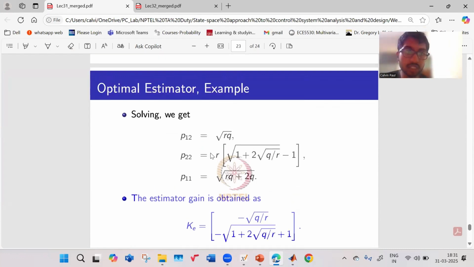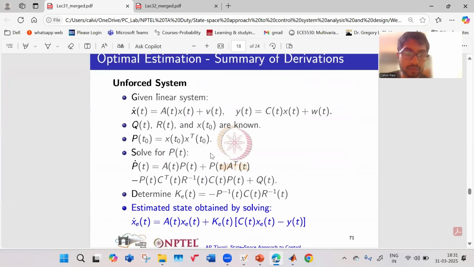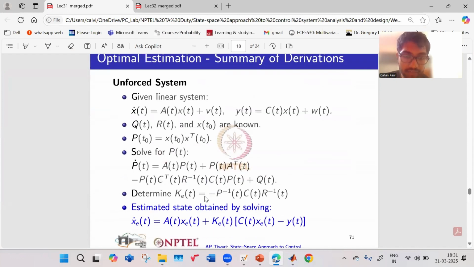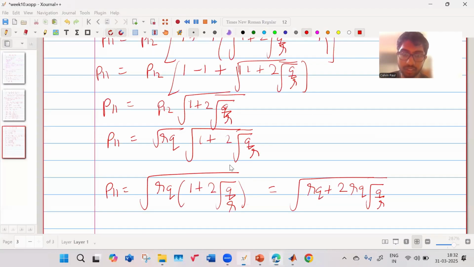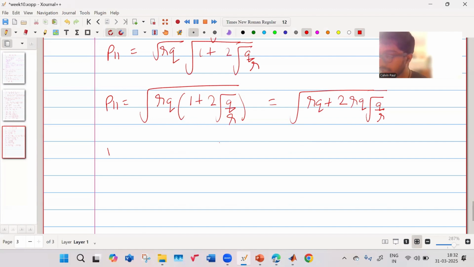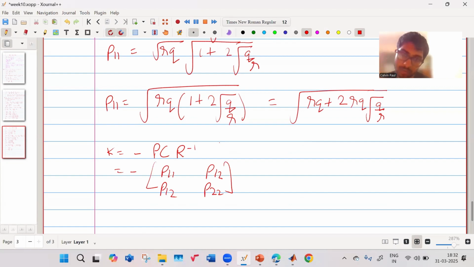And as we saw in the previous slides, we get K is equal to minus P C into R inverse. This is minus P11, P12, P12, P22, times C. What is our C?